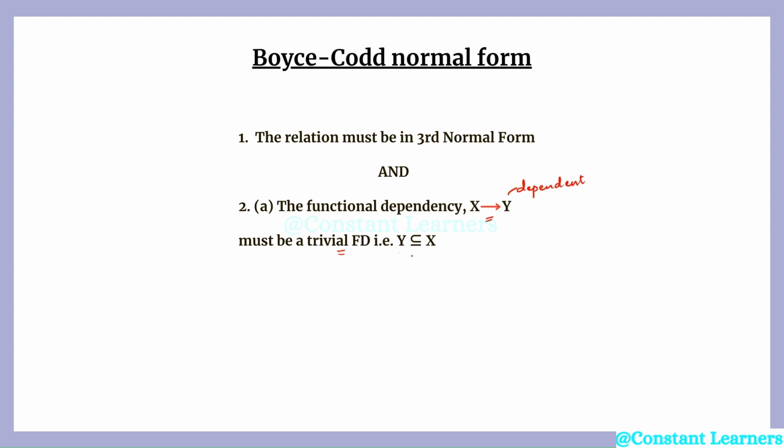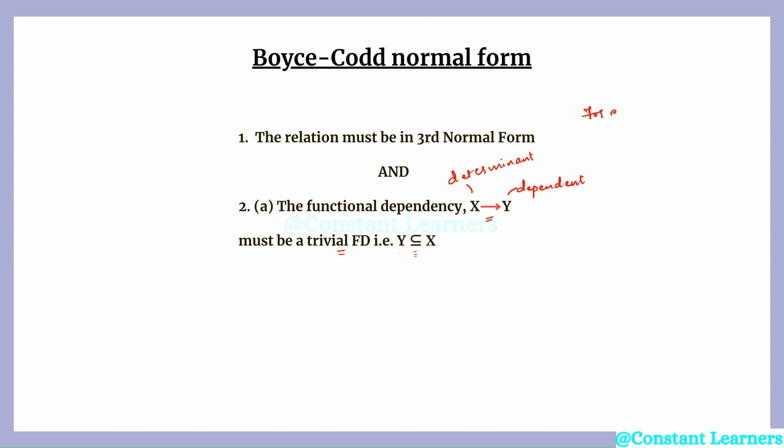So the dependent must be a proper subset of the determinant. So this is our determinant, right? So the first part of the second rule is that the functional dependency X determines Y must be a trivial functional dependency. That means the dependent must be a proper subset of the determinant.